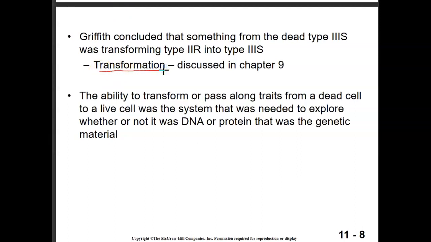So transformation, which was discussed in chapter 9, was the conclusion that Griffith came to explain why the type R was transforming into the type S. In other words, you took something that was not deadly and you made it deadly by adding this right here.